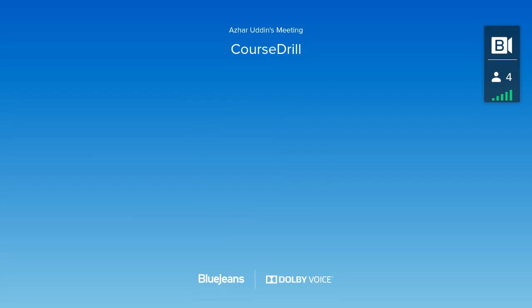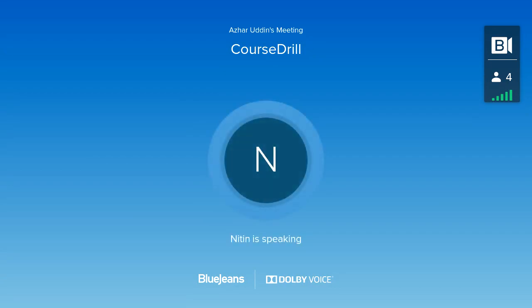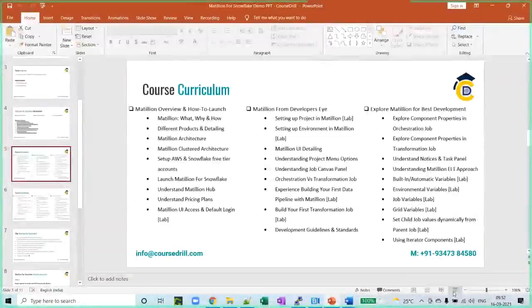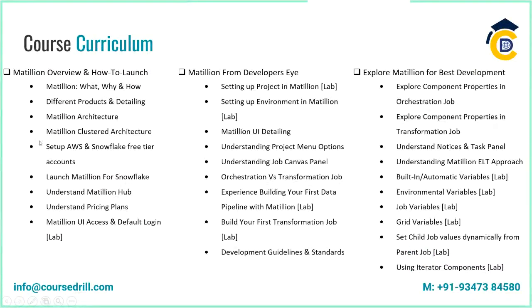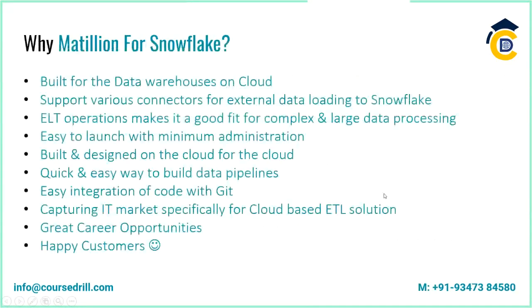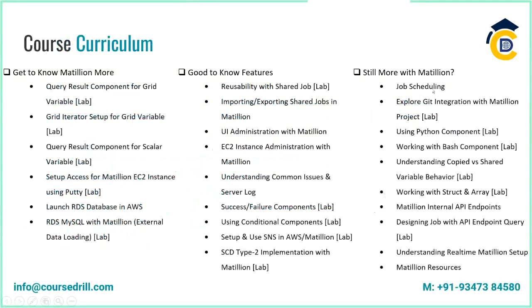Let me share my screen. This is a very advanced topic, the Matillion API. If you see, we have seen all these topics: building your transformation job, XML, connecting to other clouds, and working with on premises. That is possible.